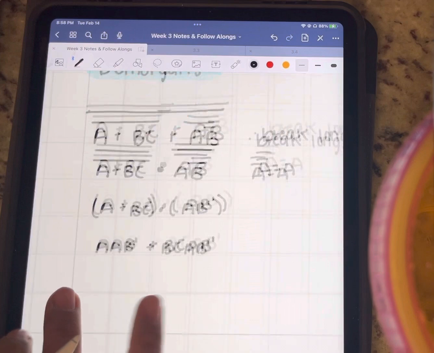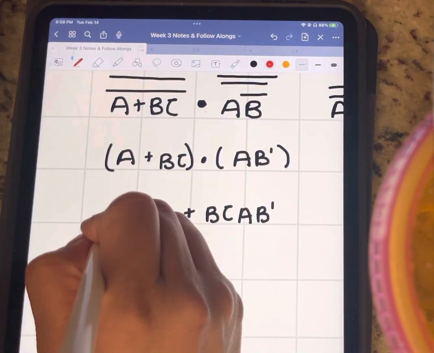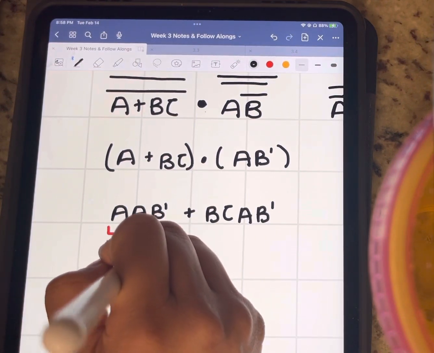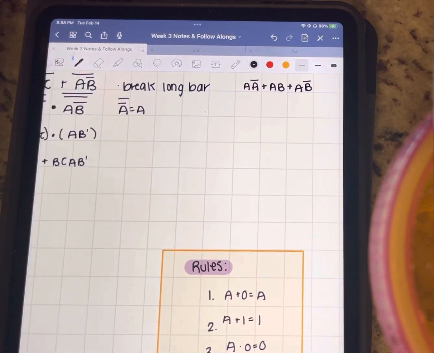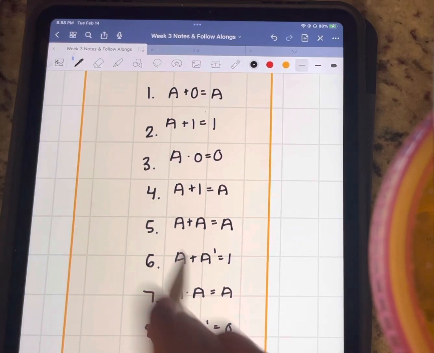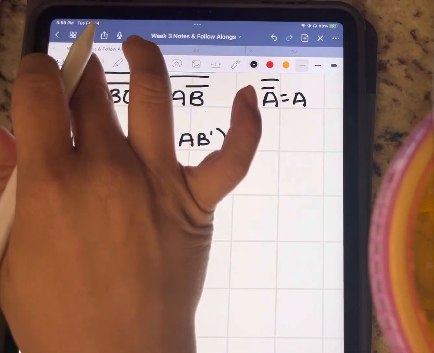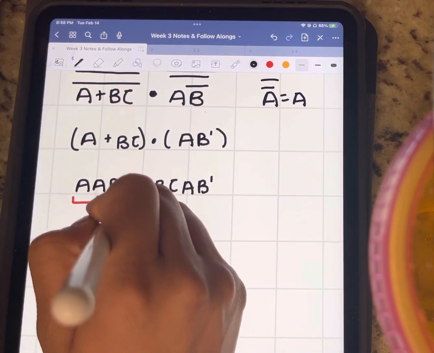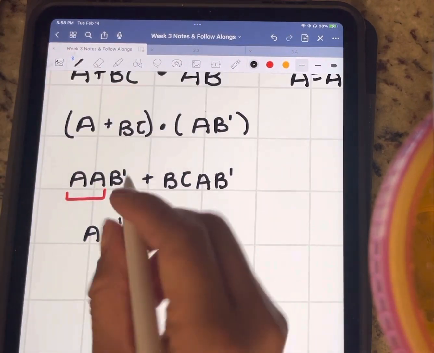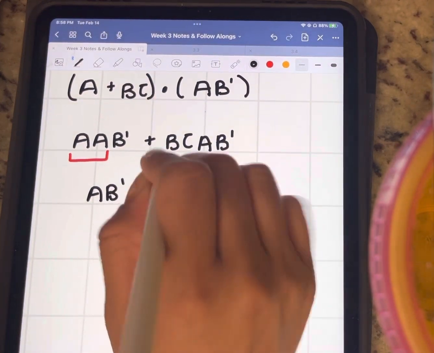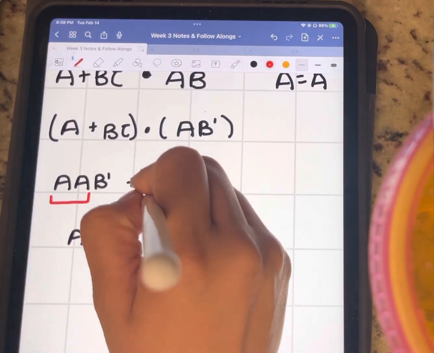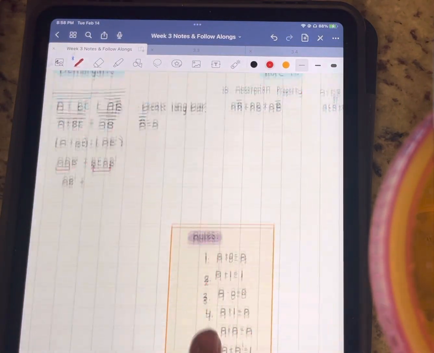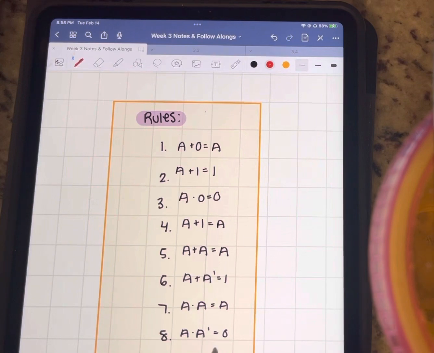All right. And then A ANDed with itself is going to be 1, right? I have my rules right here. A ANDed with itself is going to be A. So it's going to be A and B prime, plus, and then here we have B ANDed with its complement, which if we look is going to equal 0.